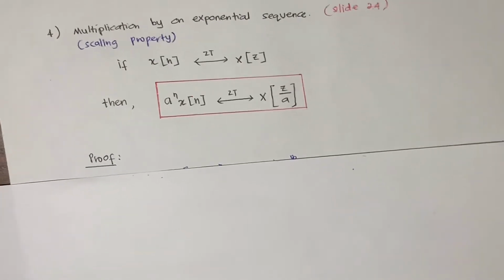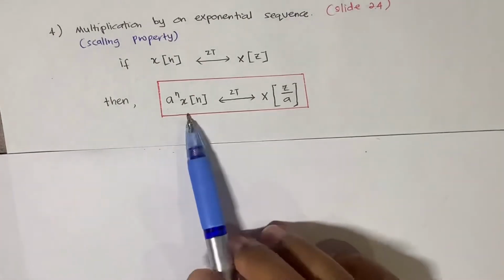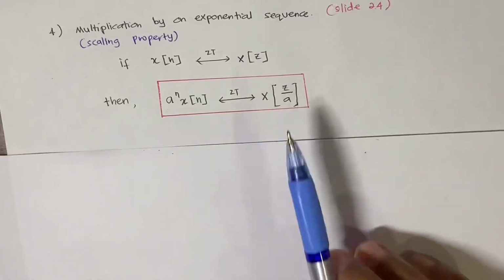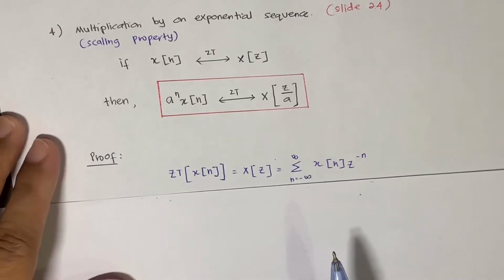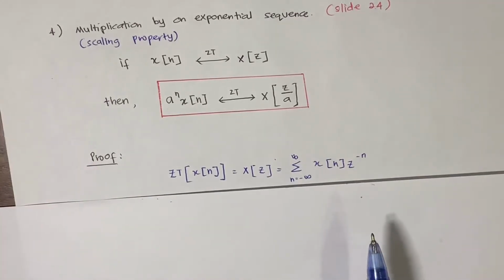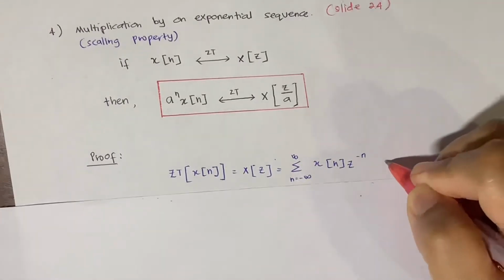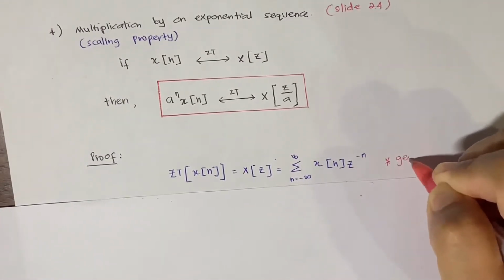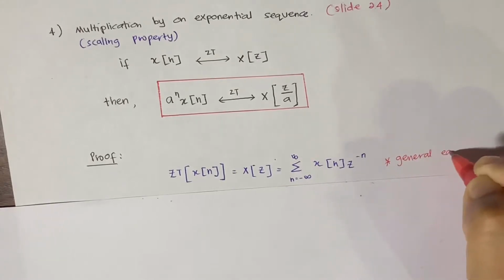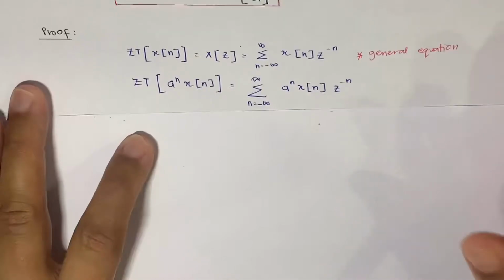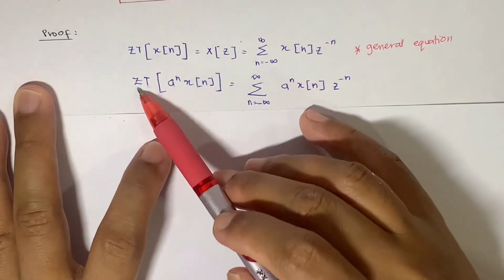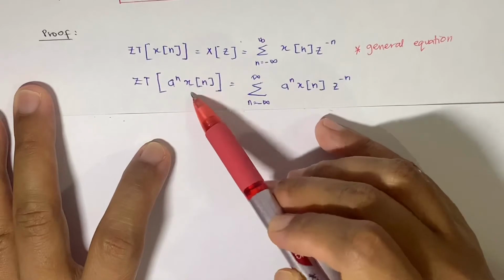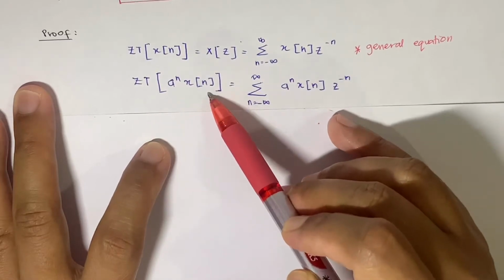Okay, how to prove this? We'll get this one. Okay, first, as usual, you need to use the general equation. This is the general equation. So you need to perform Z transform for a^n x[n].